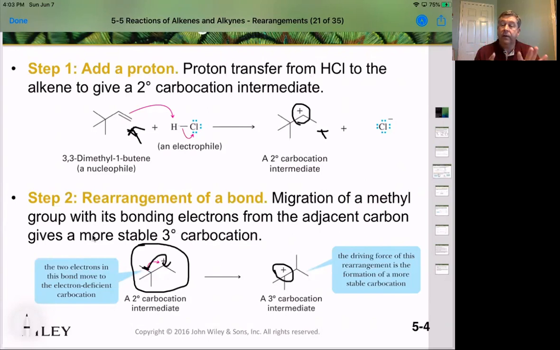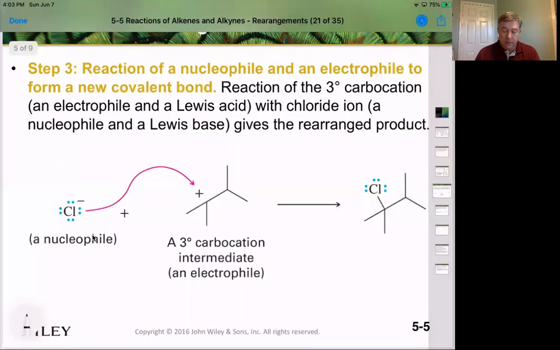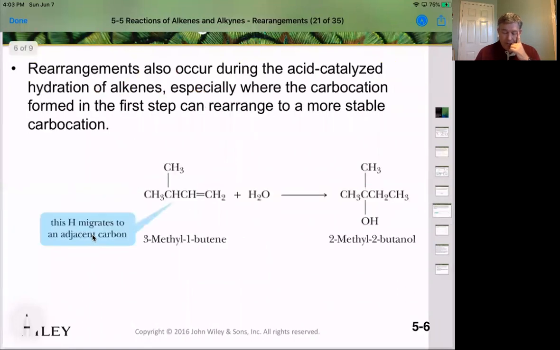It has to be something with very small mass, like a methyl group or a hydrogen, moving over one carbon to yield a more stable carbocation. Once we have that more stable carbocation, it reacts with the chloride ion to give our final product. Okay, so let's talk about why this is happening.